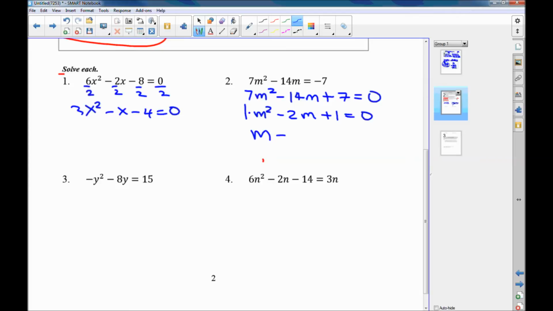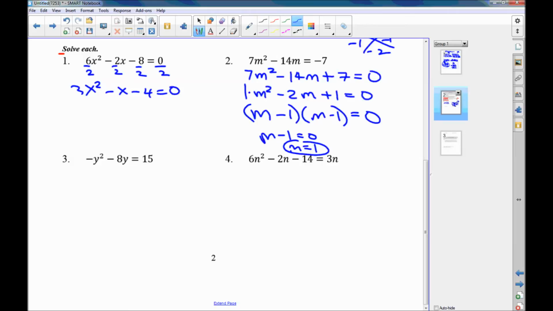So just think of two numbers that multiply to 1 and add to -2. And those are both -1. So this turns into (m - 1)(m - 1) equals 0. Usually we would write this with a squared. Since it's the same thing twice, we only need to solve one of them. And there's our only answer. m is 1.